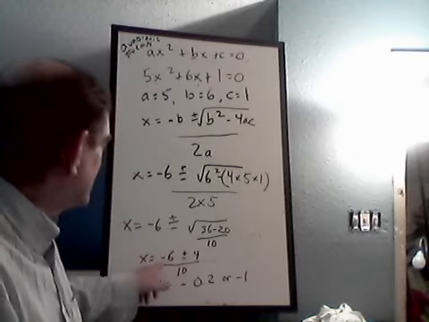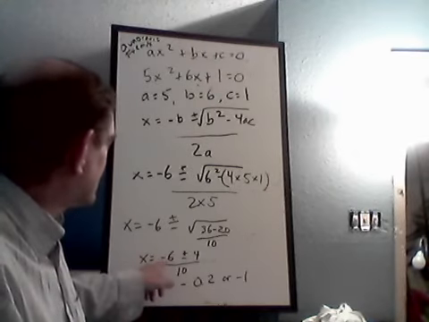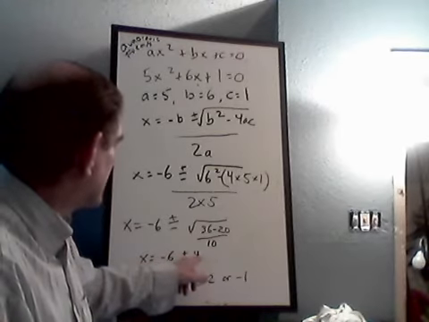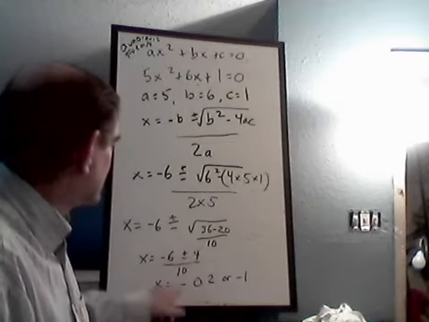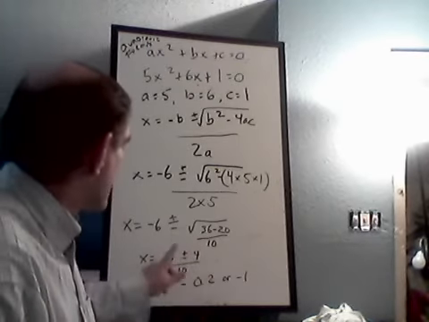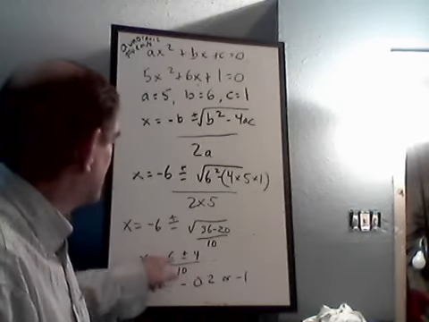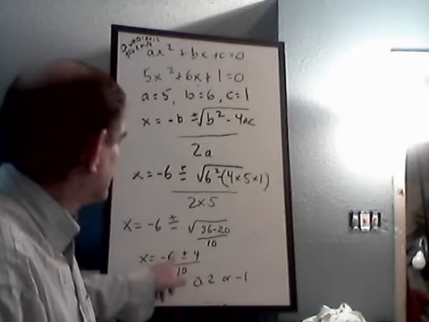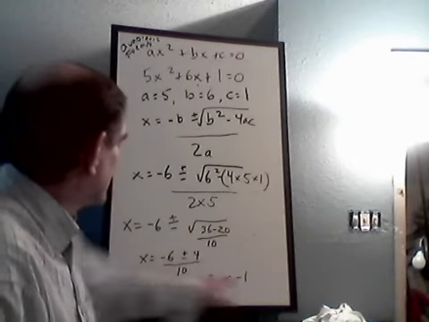So what do you have? It's either negative 6 plus 4, which is negative 2. Negative 2 over 10 will give you negative 0.2. Or it's going to be negative 6 minus 4, which will be negative 10, and negative 10 over 10 will be negative 1.